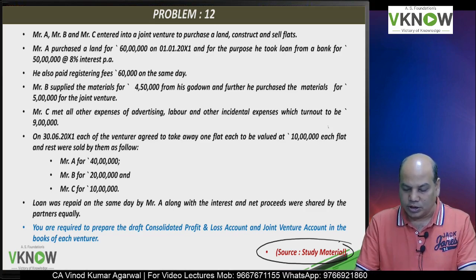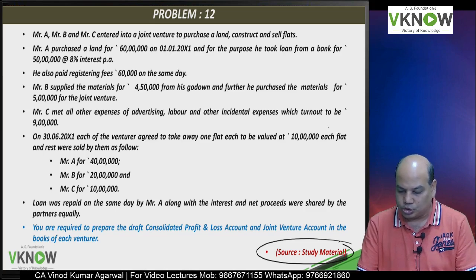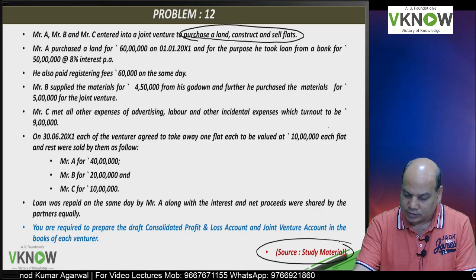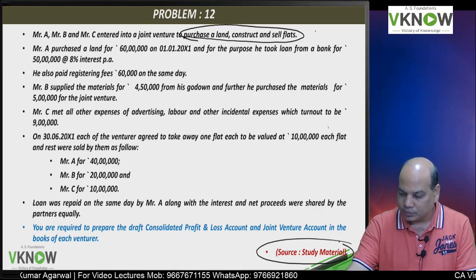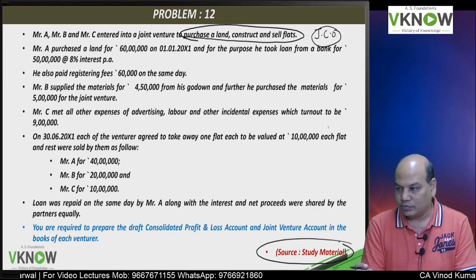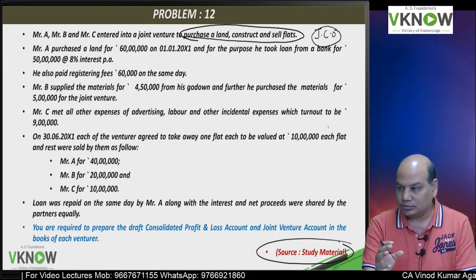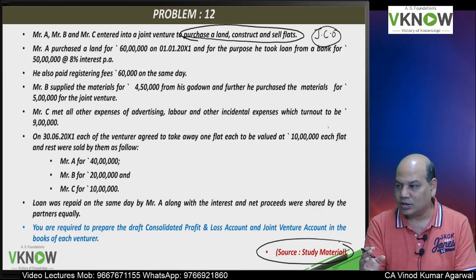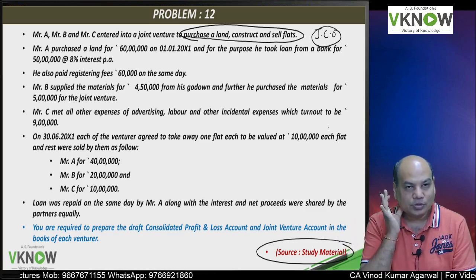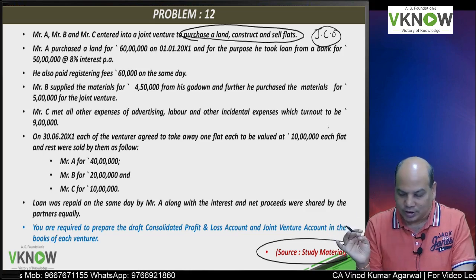If Mr. A, Mr. B and Mr. C entered into a joint venture to purchase a land, construct and sell flats. So this is an example of JCO. Their operation is to purchase a land, construct and then sell the flats. No new entities created here.